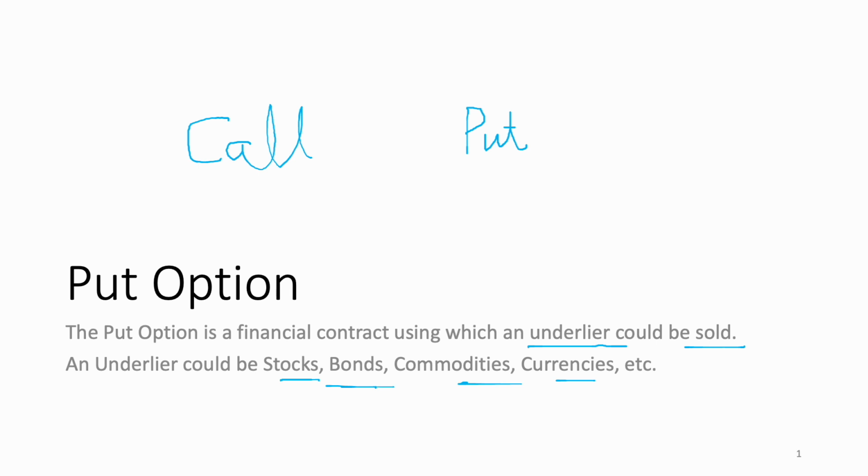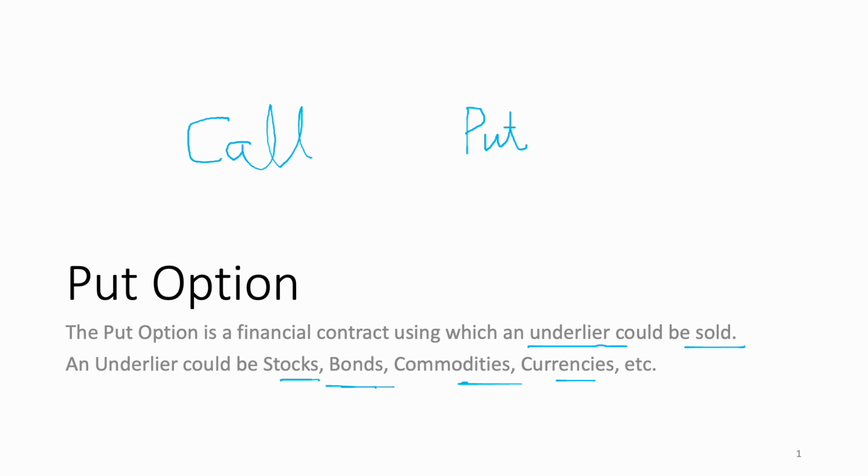In an option, we will never actually be holding the security. Like if we trade in an option using stocks, we will not be actually holding the stock. Instead, we will be utilizing the stock as an underlier and doing the trade. So whatever are the proceeds from the trade, we will get the proceeds without actually holding the security.